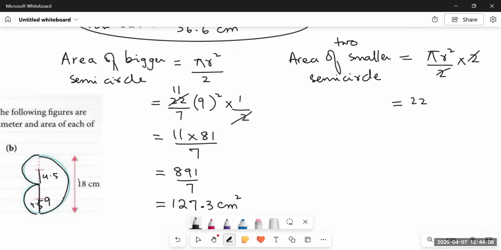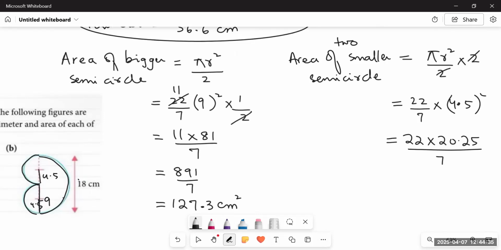Next, we will apply the formula 22 upon 7, multiply by the radius of this semicircle, which is 4.5. Okay, so you have to keep this in mind. This would be 4.5 to the square. So 4.5 multiplied by 4.5 equals 20.25. Now we will multiply it with 22.